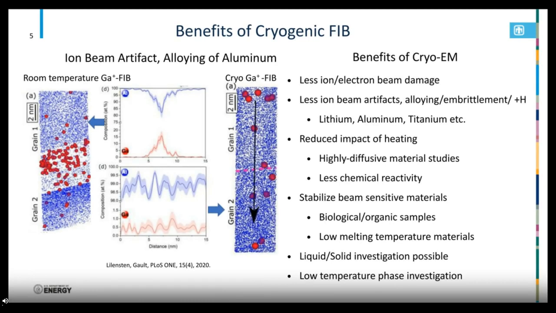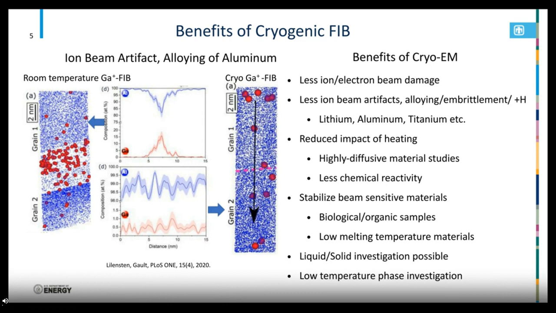It's also great for reducing ion beam artifacts, such as alloying, embrittlement, or hydrogenation. Here's an example on the left of an aluminum grain boundary, looking at the chemical composition across that grain boundary.